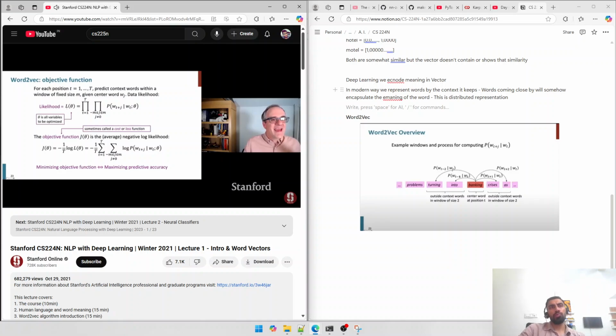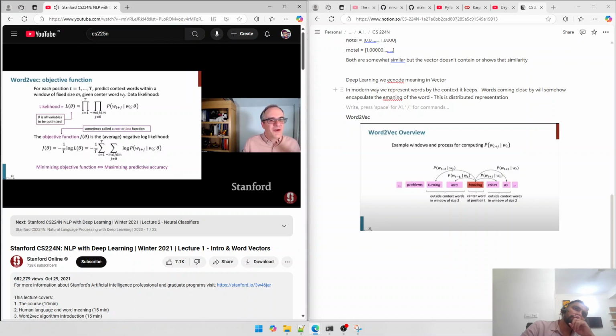And so formally that likelihood is going to be defined in terms of our word vectors, so they're the parameters of our model, and it's going to be calculated as taking the product of using each word as the center word, and then the product of each word in a window around it of the probability of predicting that context word given the center word.